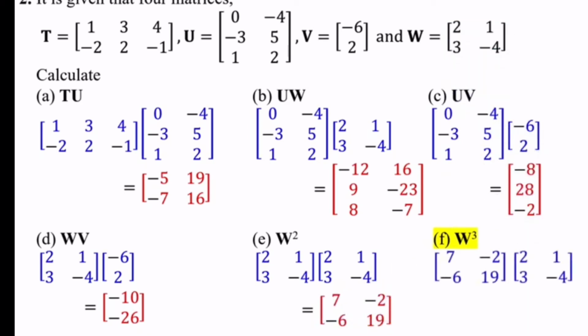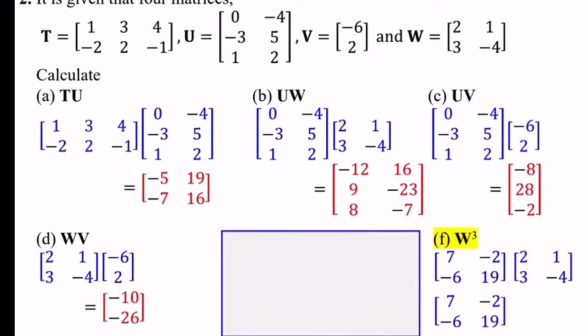Again, we will do it carefully so that we can get the answer. So we would actually multiply 7 times 2 plus negative 2 times 3, right? So we will get the answer, which is 8, followed by 7 times 1 plus negative 2 times negative 4, which is 15.